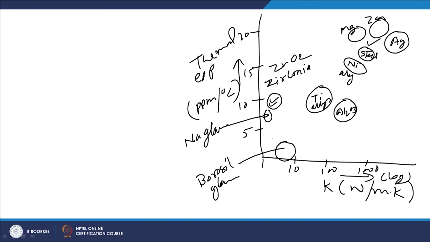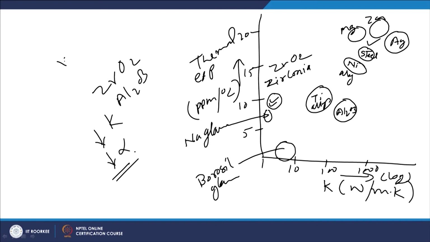Low thermal conductivity is the most suitable, and because of low thermal conductivity, zirconia is the most suitable material. So, in order to have a combination of low K and intermediate values of alpha, normally a mixture of zirconia, alumina, or yttria stabilized zirconia is used for having good control over the temperature as a TBC material.